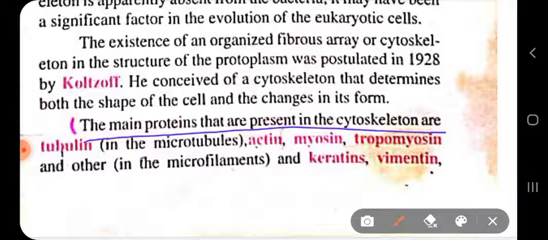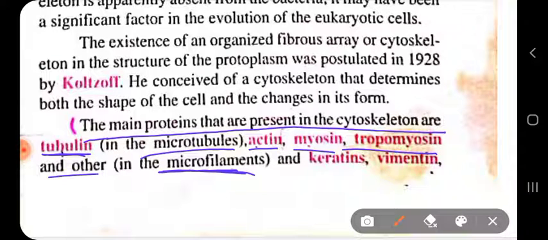To make microtubules, tubulin proteins are involved. To make microfilaments, we need proteins like actin, myosin, tropomyosin, and other proteins.